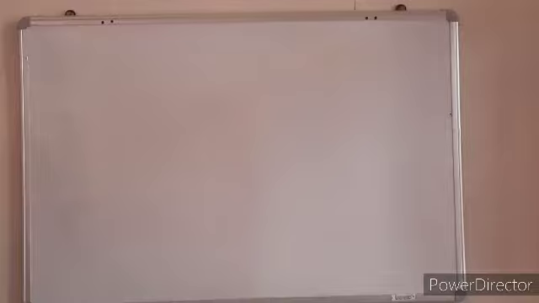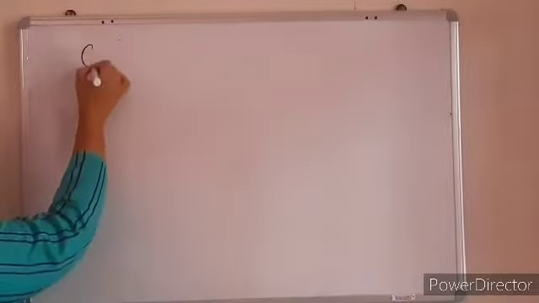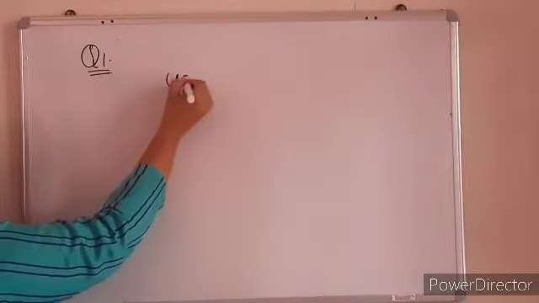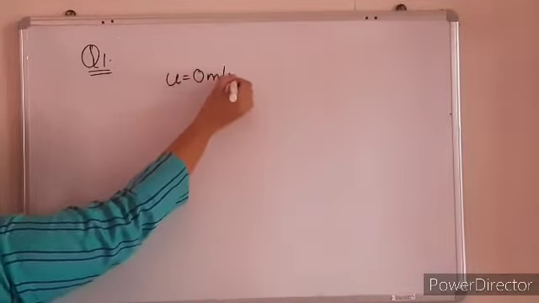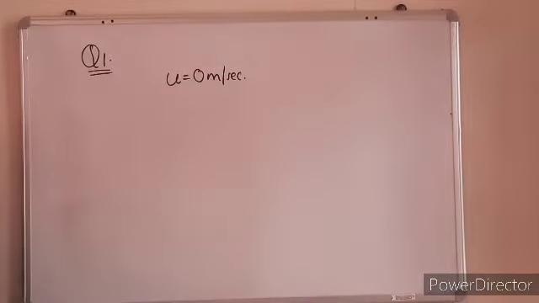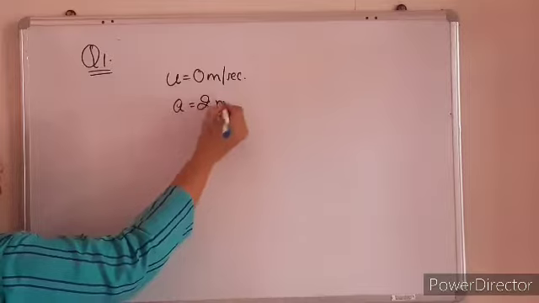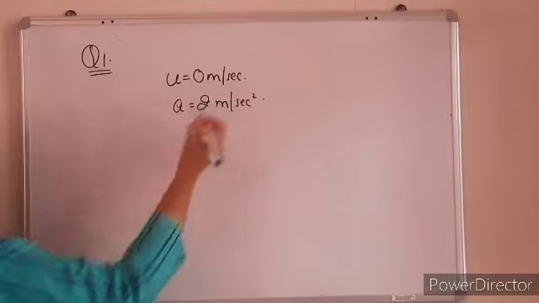In the question it's written the cheetah starts from rest. It means we are going to take the initial velocity of the cheetah as 0 meter per second, that is, u is equal to 0 meter per second. Then it accelerates at 2 meter per second square, which means its acceleration is 2 meter per second square.